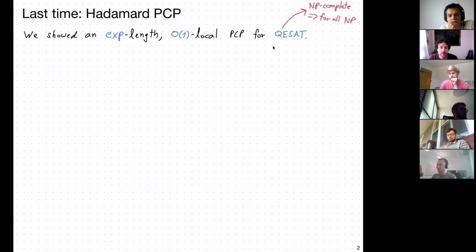Okay. So that's what we did, and the way to perceive it is that we started with a proof of polynomial length, and we made it something of exponential length. But now instead of reading the whole thing, we can just probe it locally at a constant number of locations.